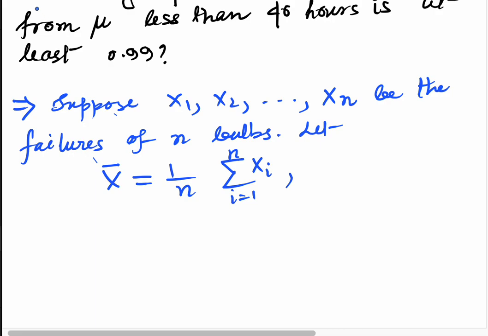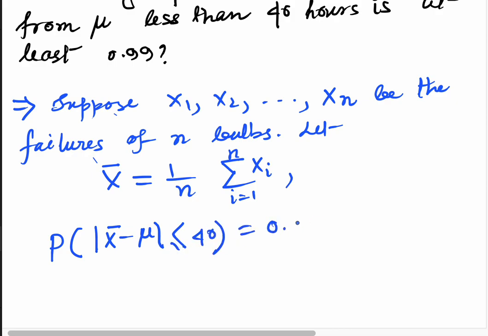Then probability of mod x bar minus mu less than 40 is 0.99.